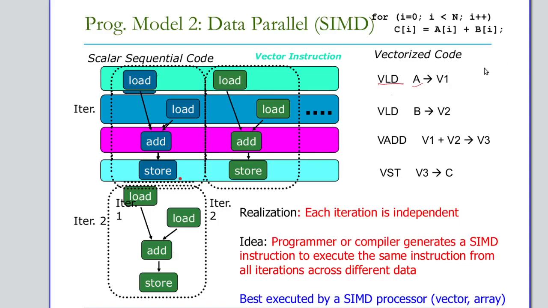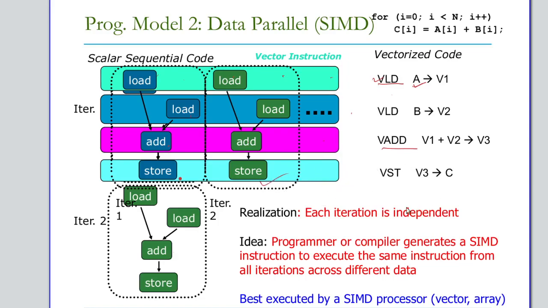If the size of the vector register is enough to accommodate the whole size of A, that is better. Otherwise we will have to break them down. It's okay, but still in just one instruction we can load multiple elements of the vector A, and similarly multiple elements of vector B, and then add the whole vector depending on the size of the vector register, and then perform a store operation.